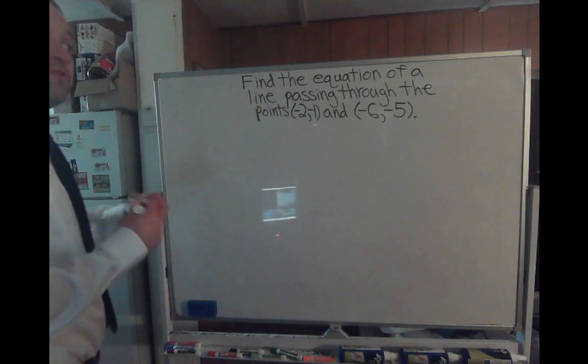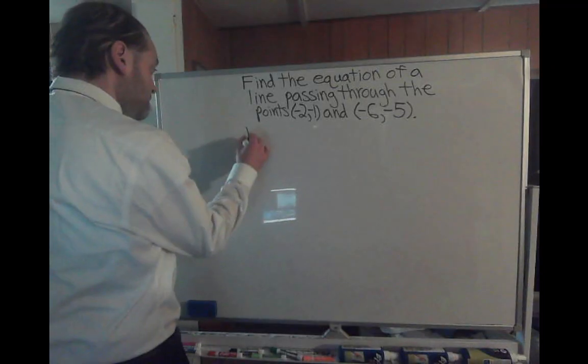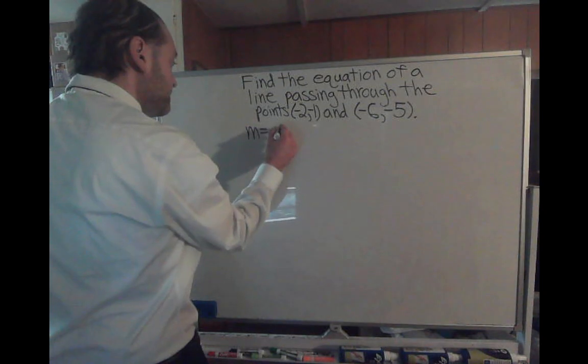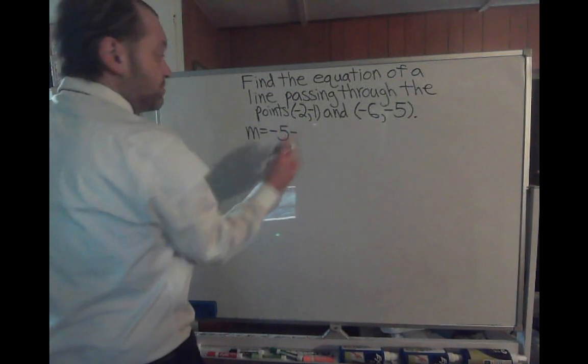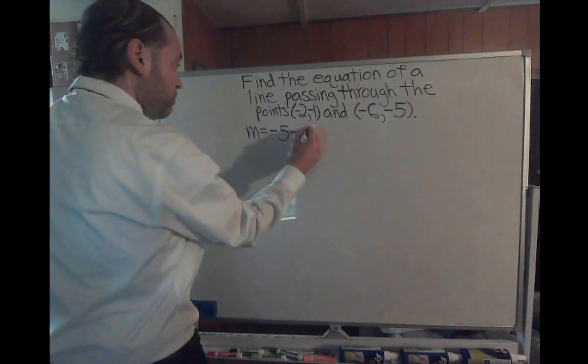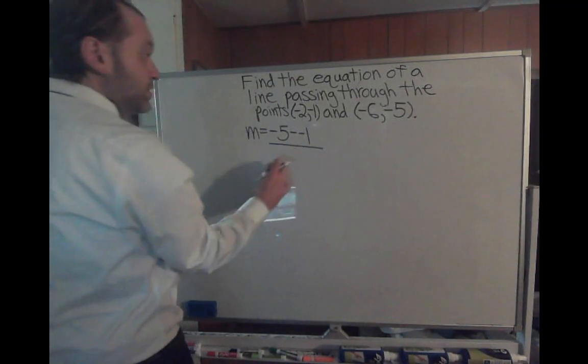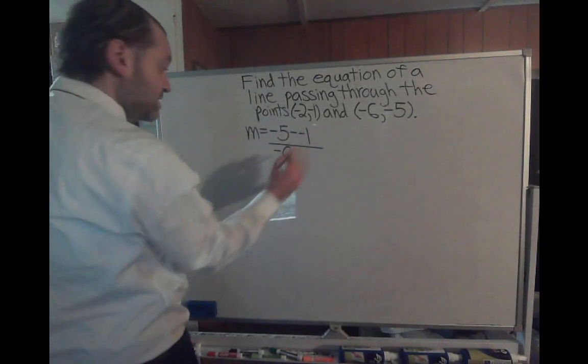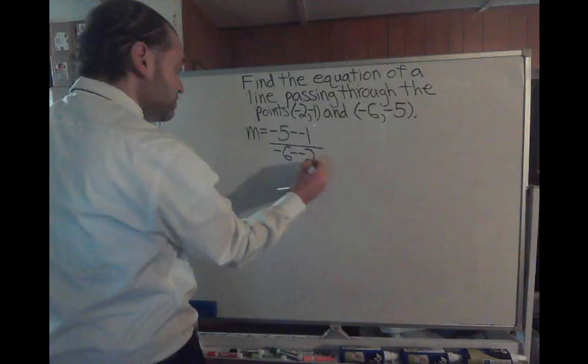So let's start out finding our slope. So we'll take the second y coordinate of negative 5 minus your first y coordinate of negative 1 over your second x coordinate of negative 6 minus your first x coordinate of negative 2.